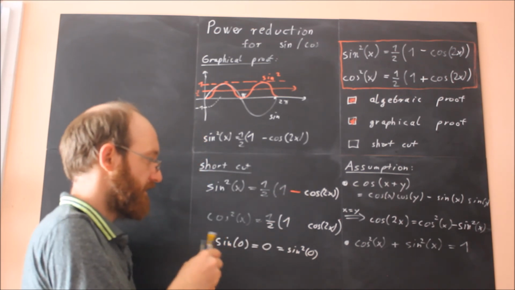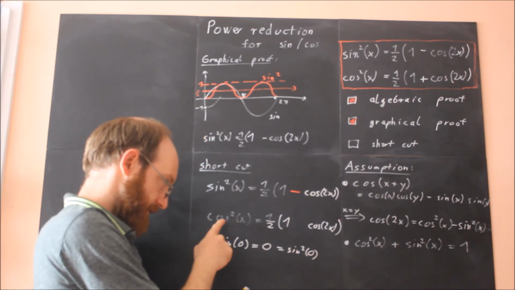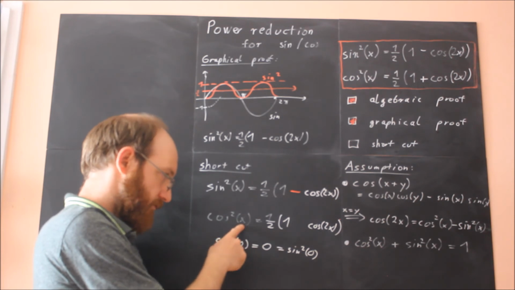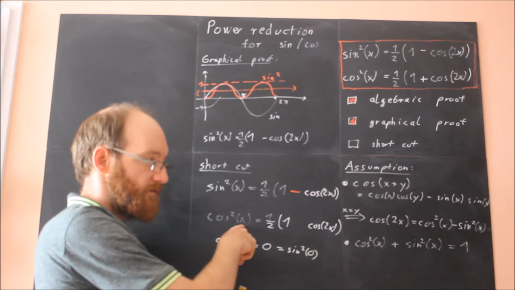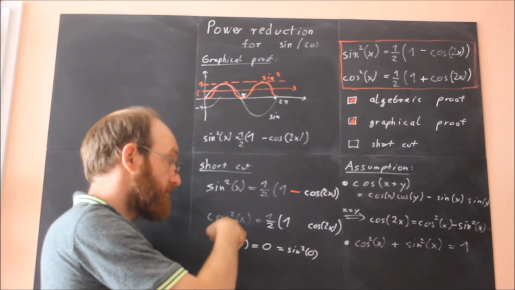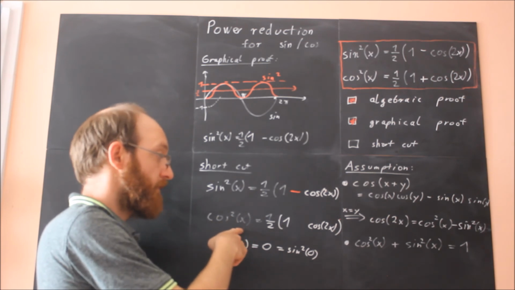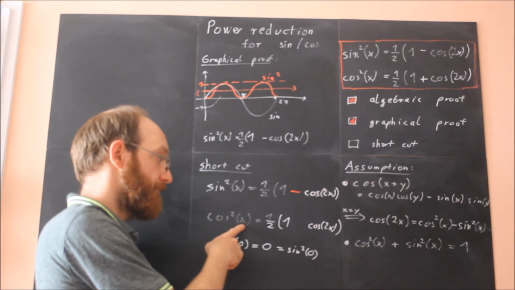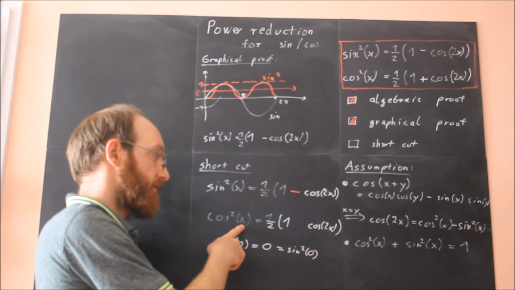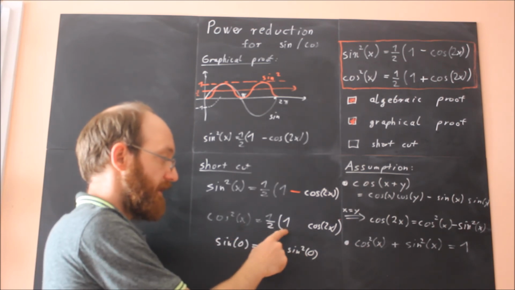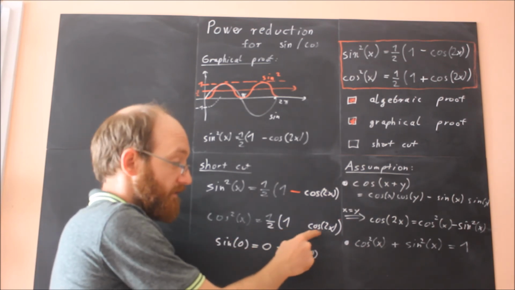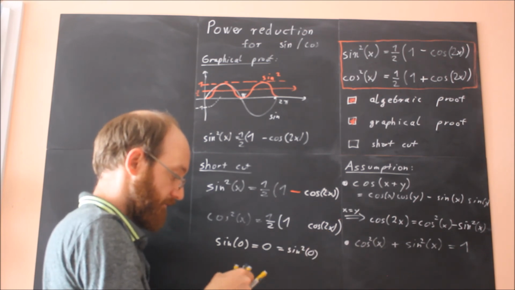And similarly, the cosine of 0 is 1, so cosine squared of 0 is 1. And how do we get a 1 here? There is a 1/2, and if we have another 1/2, so this becomes a 1.